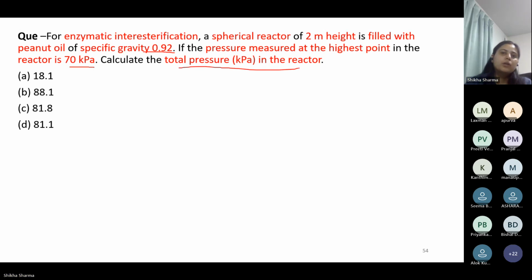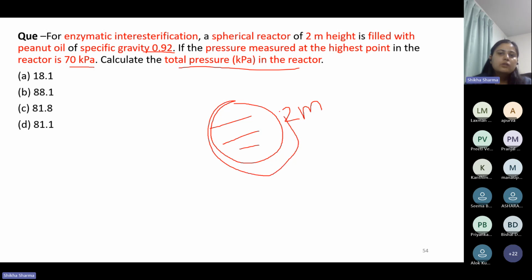So there is a spherical reactor with a height of 2 meters, filled with peanut oil of specific gravity 0.92, and the pressure at the highest point, meaning the surface, is 70 kilopascal. We need to find the total pressure.